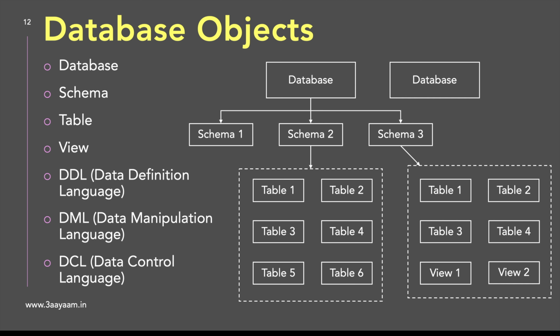There's one more SQL statement that is called data control language or DCL, and it is basically used to provide authorization on these objects to a certain user. So let's say you have multiple users in the database. You can use DCL to grant different permissions to different objects. So in this particular SQL chapter, I'll not talk about DCL. I'll only talk about DDL and DML.